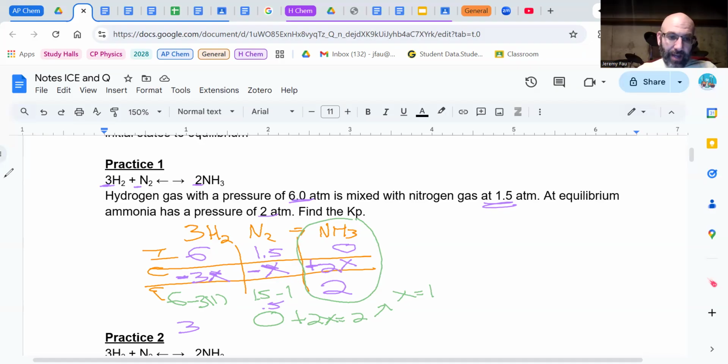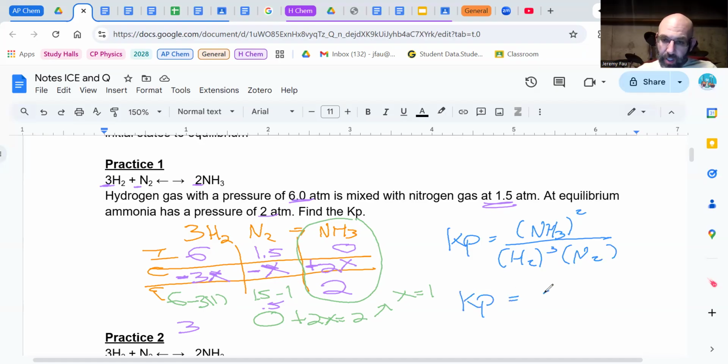So now we can go back. We wrote Kp equals NH3 squared over H2 cubed times N2. Kp equals 2 squared over 3 to the third times 0.5.